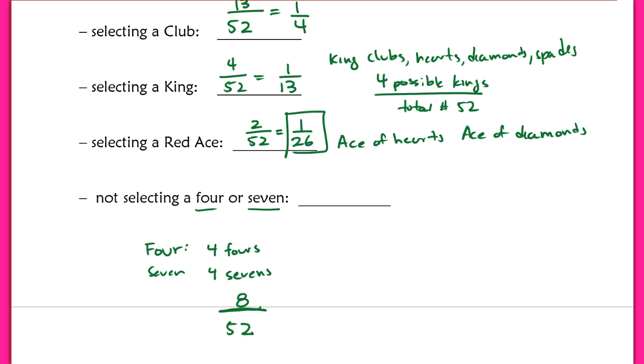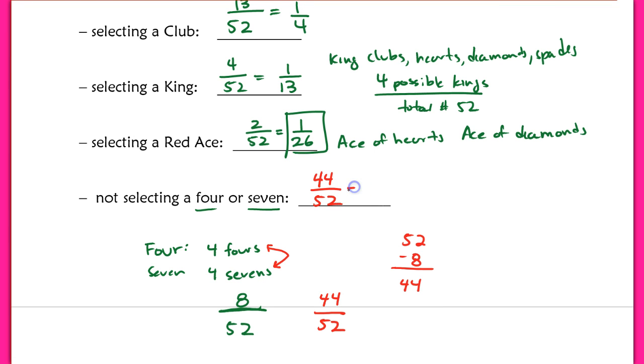That means that not selecting one of these 2 cards, if I take 52 minus 8, I have 44 cards. Okay, so there are 44 cards out of the 52 cards that would not be a 4 or a 7. So that's the complement here of the event of picking a 4 or a 7. So not selecting a 4 or a 7 would be a 44 out of 52 possible chance.